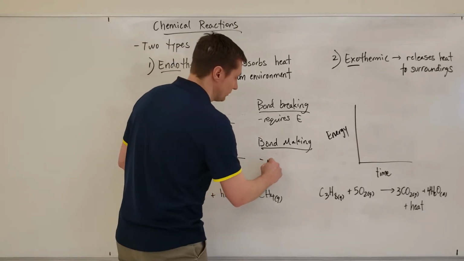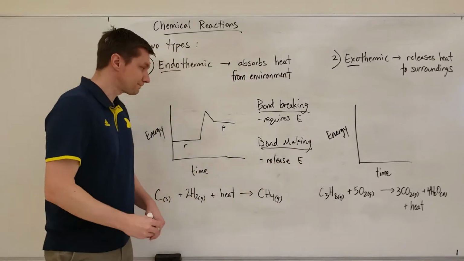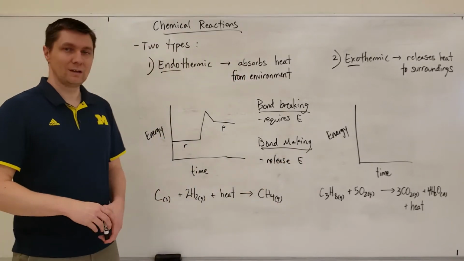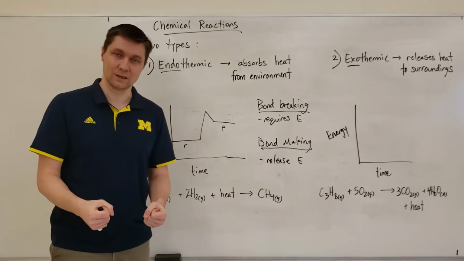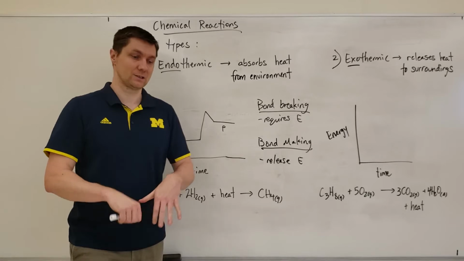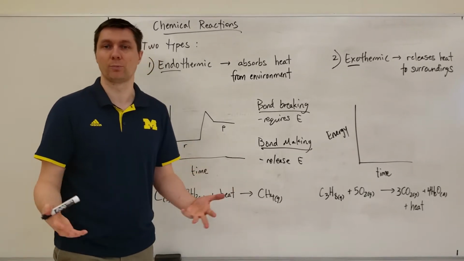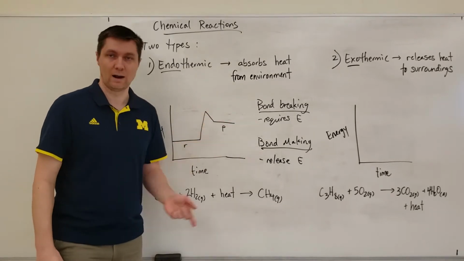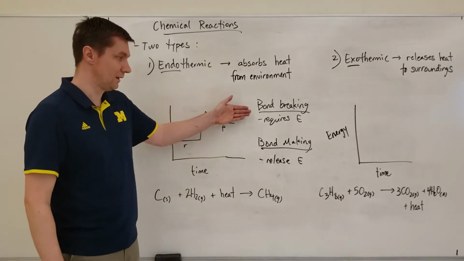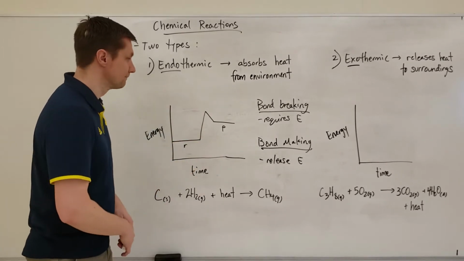So this is going to release energy. And so the analogy that I like to think about is if I have a stick in my hand and I want to break that stick over my knee, that's going to require some form of energy that I have to put into that stick in order to break it over my knee. And so that's how I remember that bond breaking requires energy. And once I remember that, then I know that bond making is just the opposite, which is releasing energy.